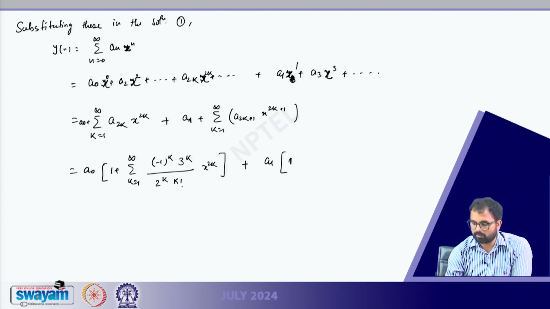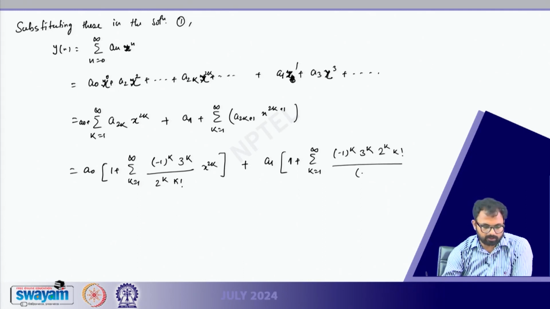So, this will be 1 plus summation k running from 1 to infinity minus 1 to the power k 3 to the power k factorial 2 to the power k factorial k divided by 2k plus 1 factorial and x to the power 2k plus 1, right, something like this.